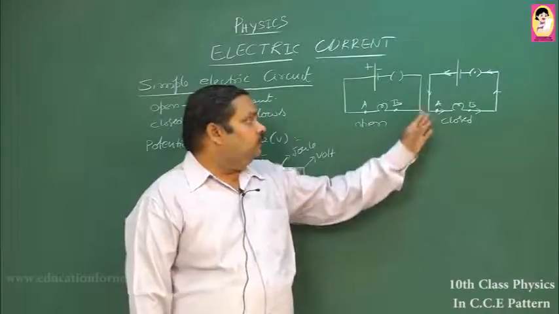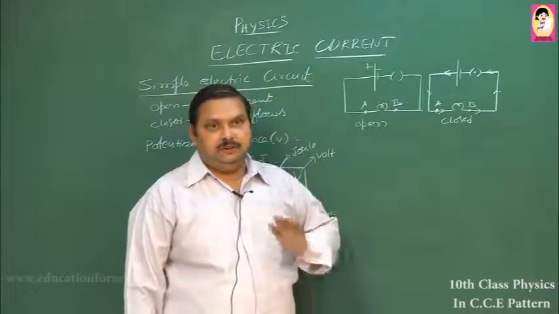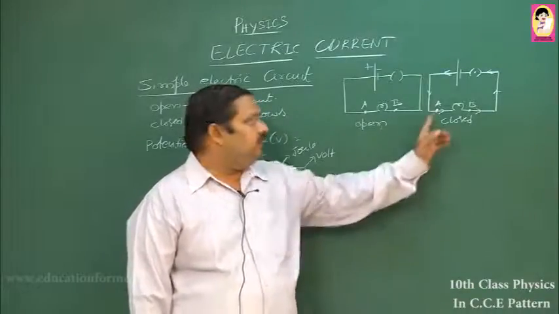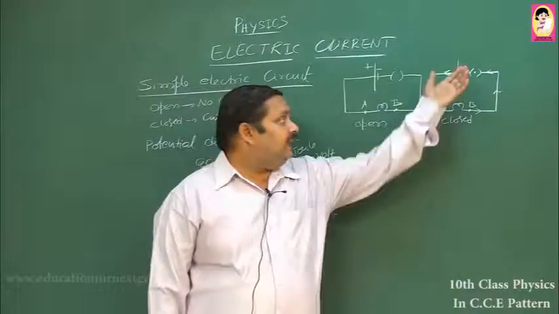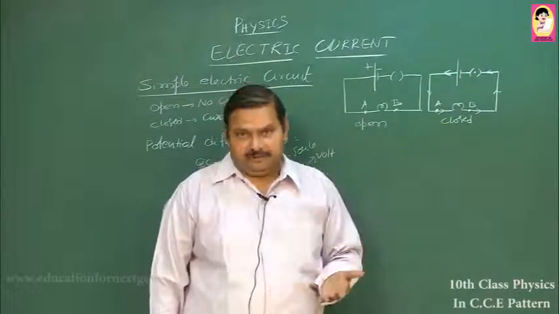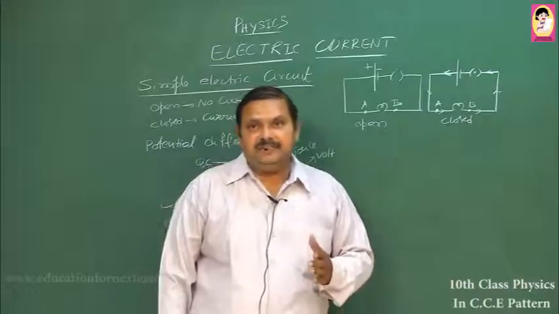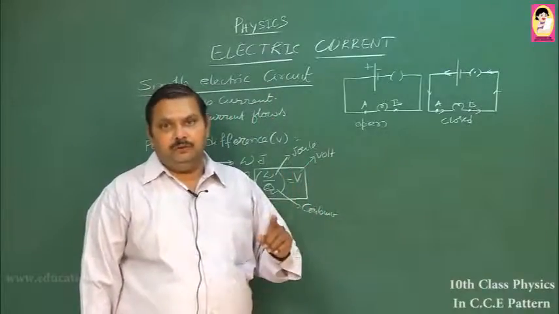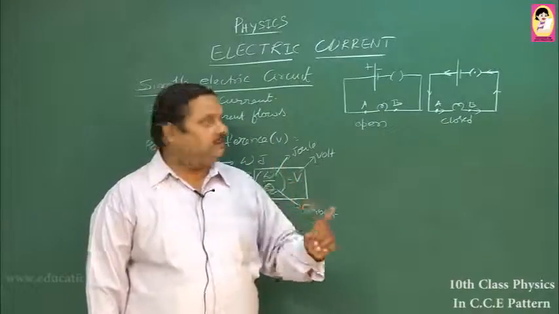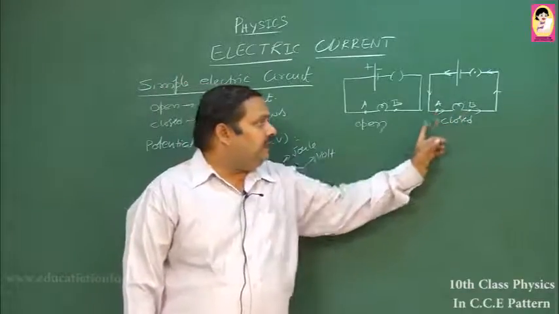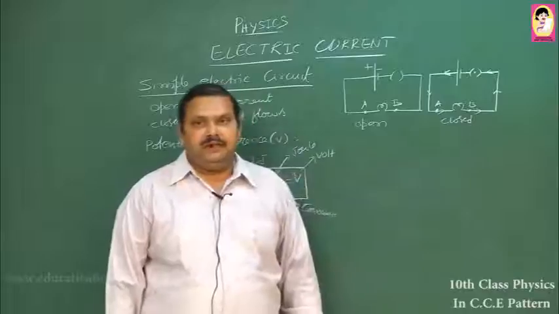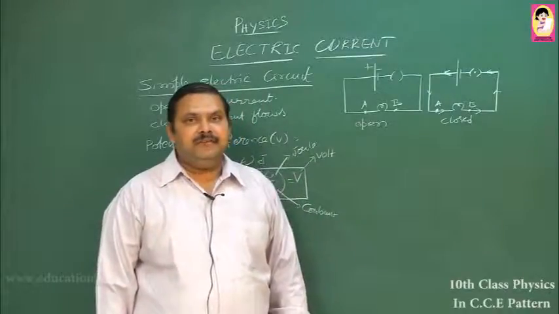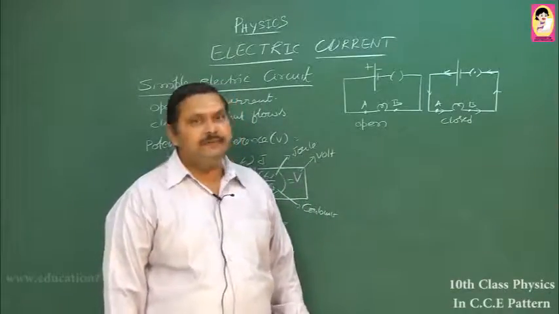Now to drive the electric charges from A to B, the cell needs to do some work. And now the definition of potential difference is the amount of work done to drive 1 coulomb of positive charge from A to B along the circuit, which is called potential difference between the 2 points A and B.